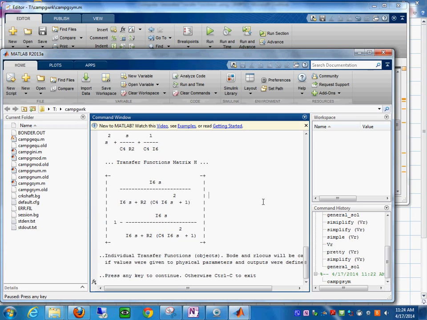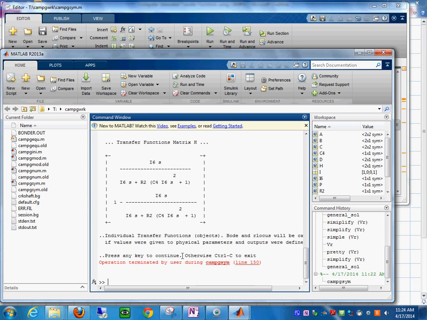So what I'm going to do is, I would like a little better expression for the second one. So I'm just going to use a command in MATLAB that's called pretty.